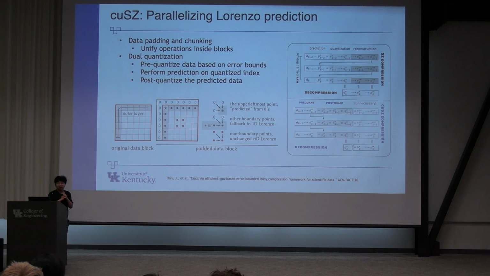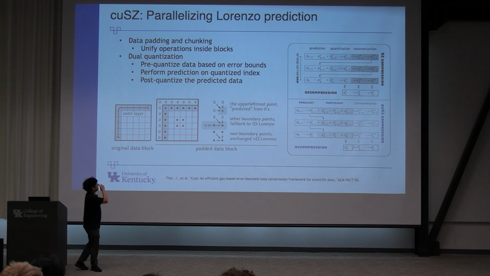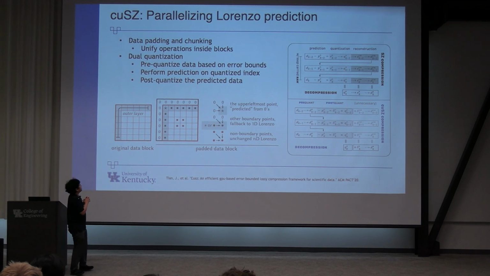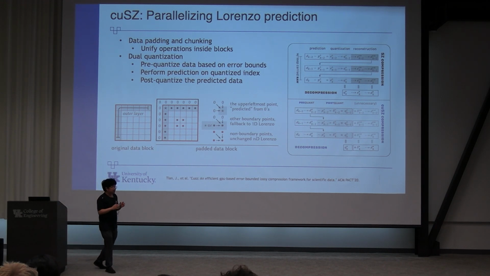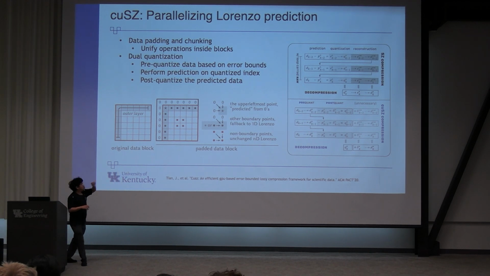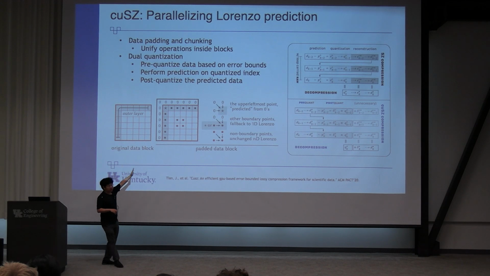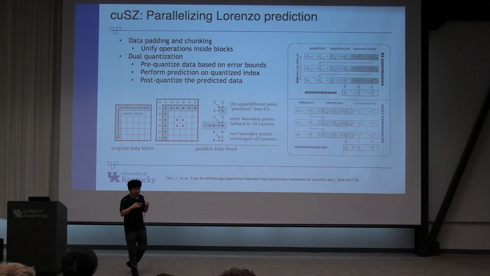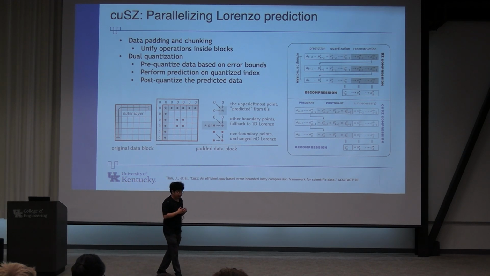A little bit more on how we parallelize the Lorenzo prediction. We made several optimizations as listed below. The first one is that we apply a specific data padding and chunking operation to unify the operations inside a block. Originally, if you perform the Lorenzo prediction on the original data, you may have branch divergence on the borders, because a border element does not have a sufficient number of neighbors to perform the same kind of operation.